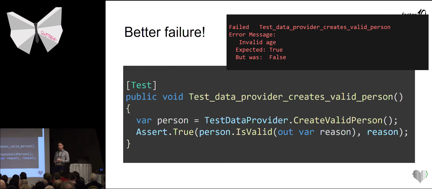So apparently our test data provider failed to create test data with valid age. Perhaps someone added constraints to the age, but forgot to update the test data provider. And as you said, there are different ways to solve this. Also note the very nice feature in C# 7 where we can just inline our out variables. Very, very nice.